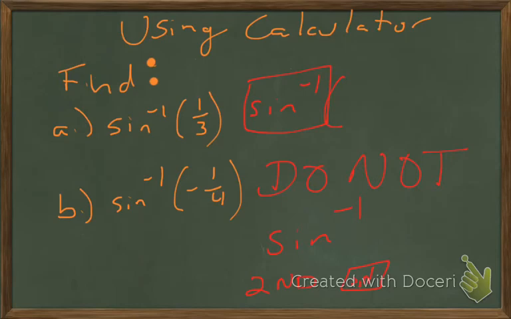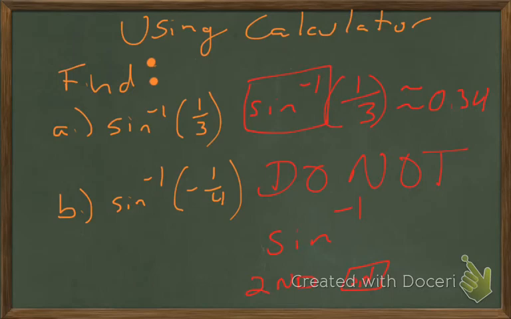So we have the sine inverse of 1/3. Punch that in your calculator, and you should end up with approximately 0.34. This can be done easily on a TI-30 as well as the TI-84 plus C graphing calculator, big honkin' thing.